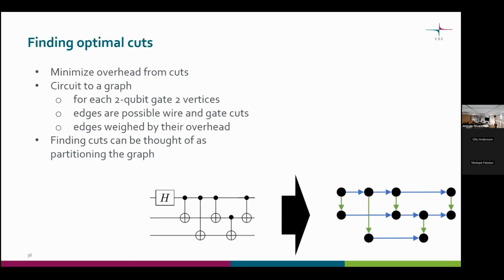So finding the optimal cuts can be thought of as partitioning the graph in a way where you minimize the total weight of the cuts you have made in the graph. Basically you would loop through possible cuts. You check, okay, if I cut here, does it partition the circuit? It does not.